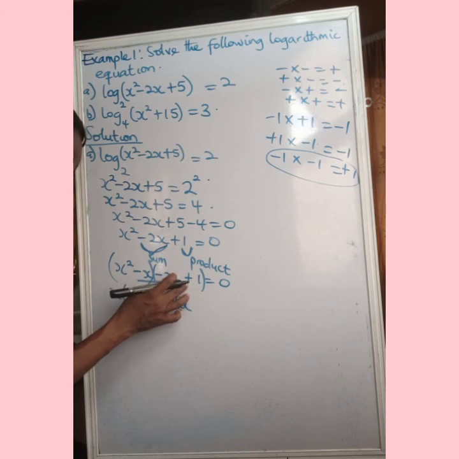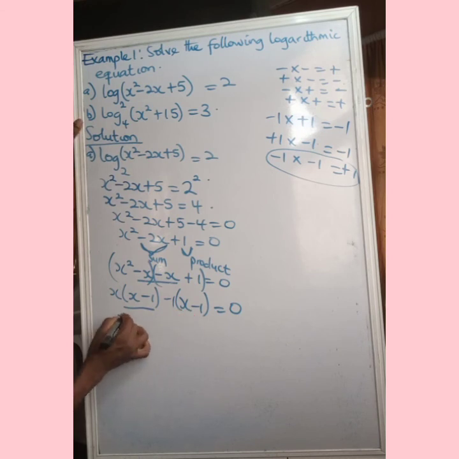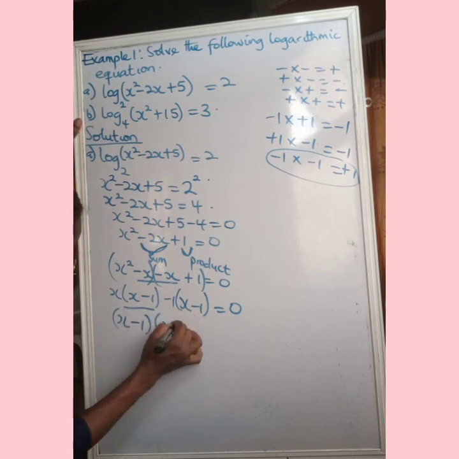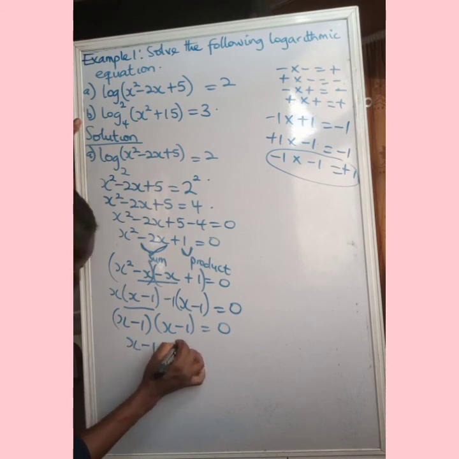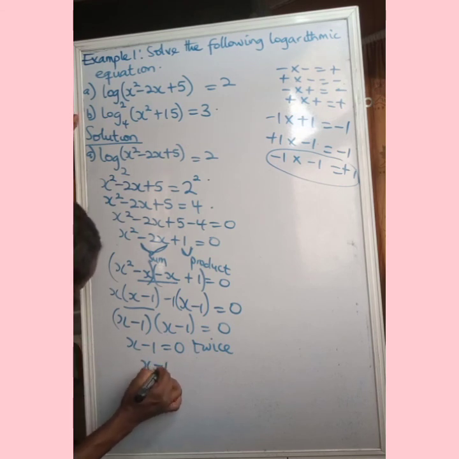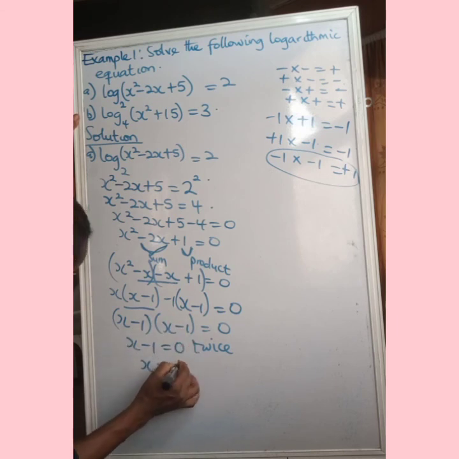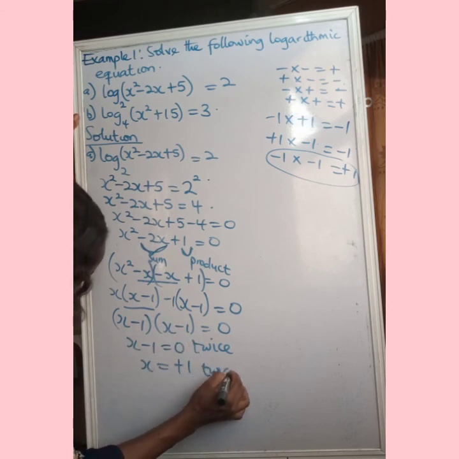When you bring out minus 1 here, minus will affect this plus. It will turn into minus. So now you can see we are having the same thing. So it will be x minus 1 times x minus 1 equals 0. Then x minus 1 equals 0 twice. Why did I write twice? It's the same thing. It's appearing twice. So we have x equals, when you bring minus 1 to this side, it will be plus 1, twice. So that's our answer.